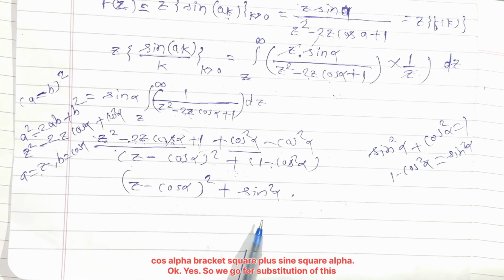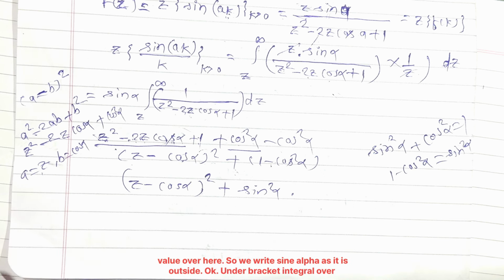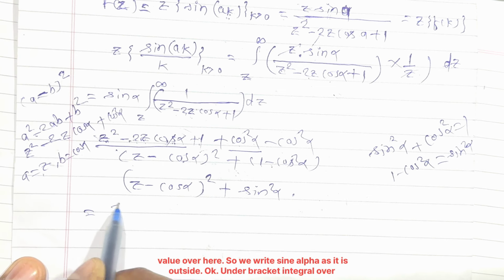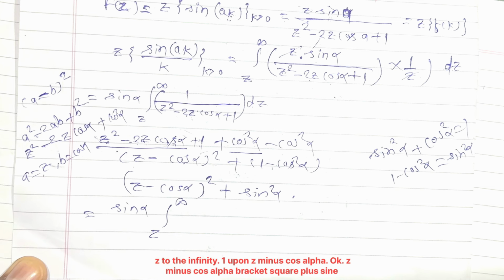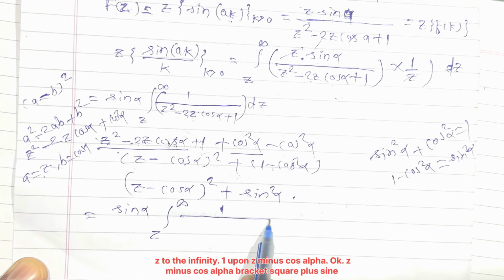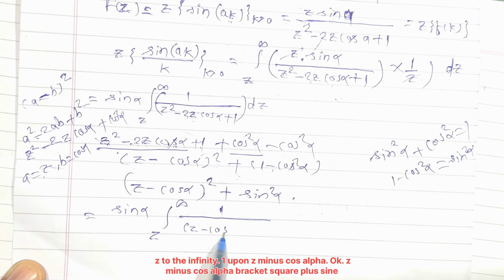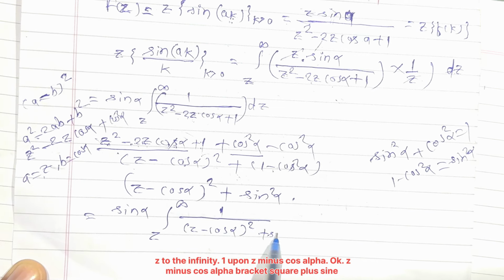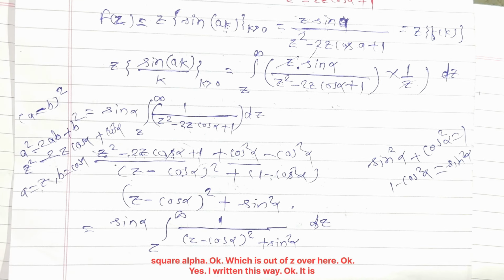So we go for substitution of this value over here, and we write sin alpha as it is outside, under the bracket integral over z to infinity 1 upon z minus cos alpha bracket square plus sin square alpha, with dz over here. I have written it this way. It's way easier for solving, guys. It is not difficult.